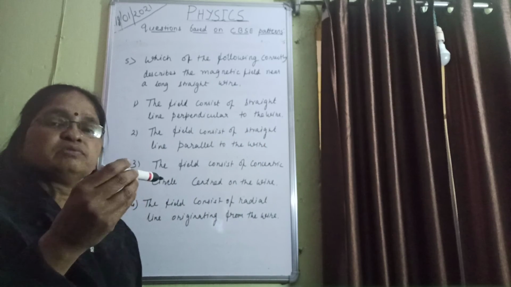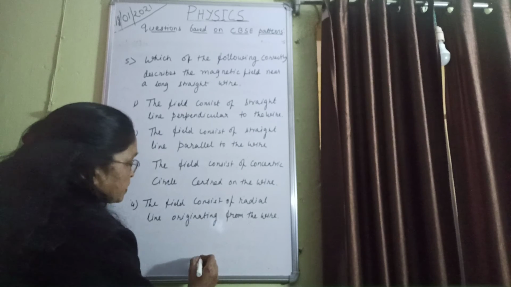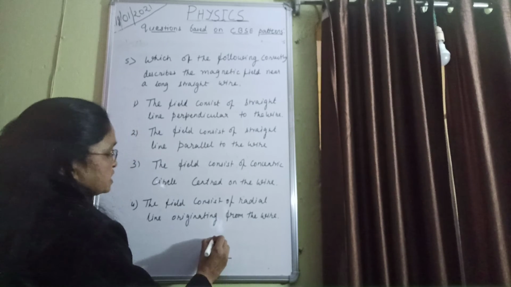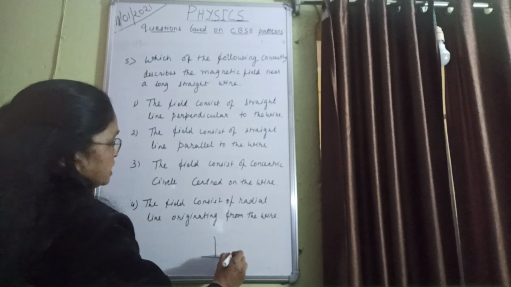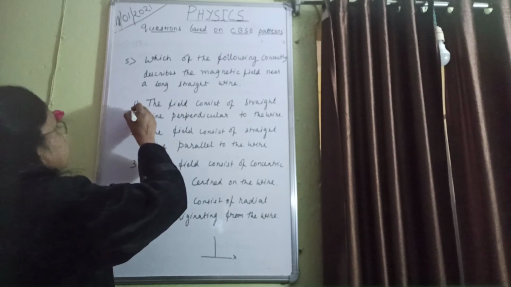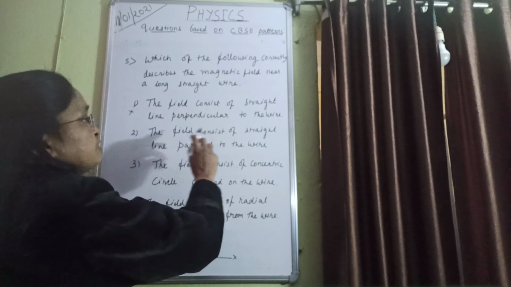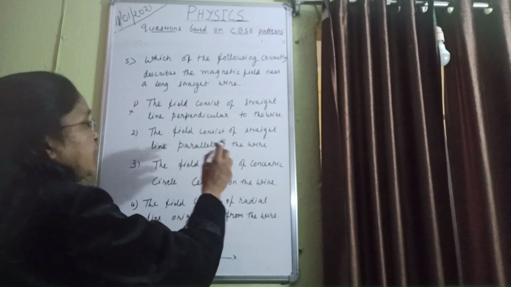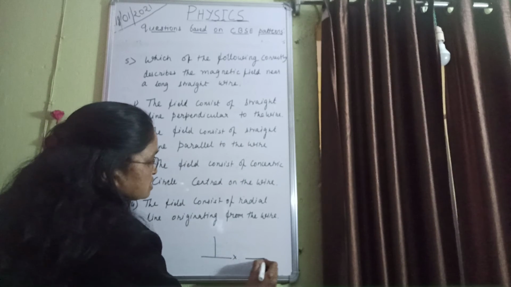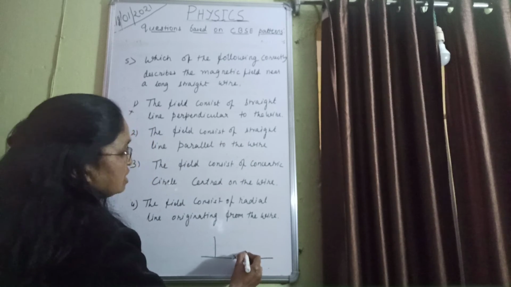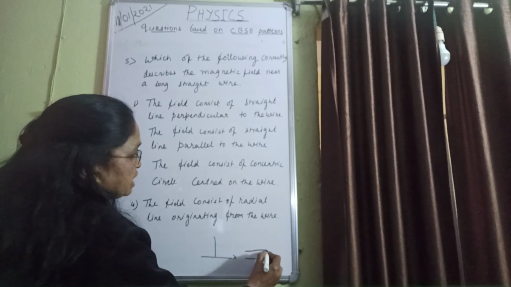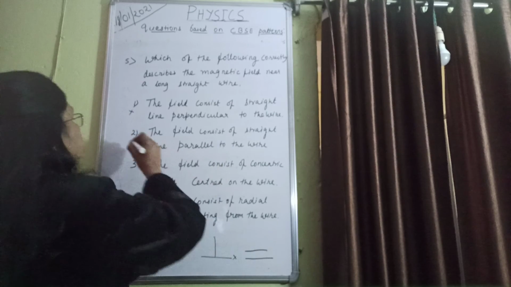If it is a straight wire, the field consists of straight lines perpendicular. No, it is wrong. Second one, the field consists of straight lines parallel to the wire. No, if it is a current carrying conductor and the field is parallel, no, it is also wrong.